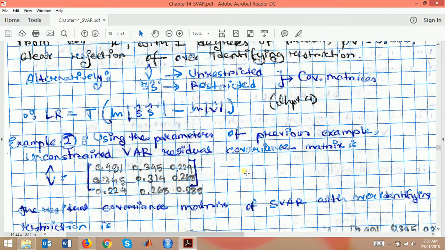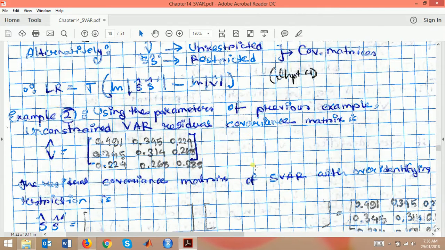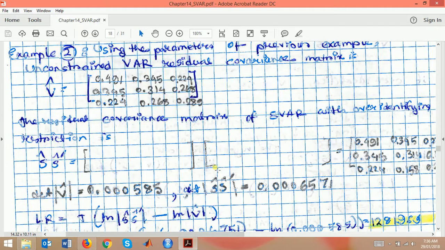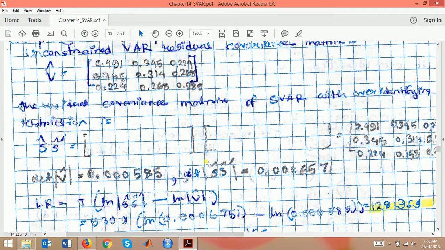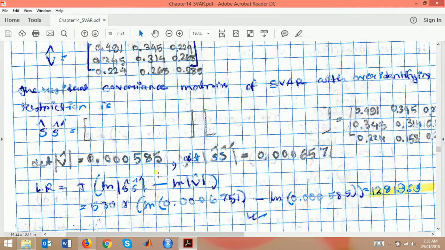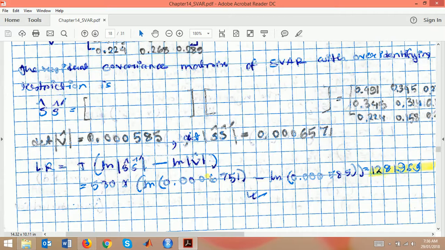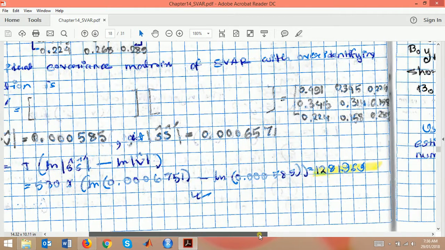The residual covariance matrix of SVAR with over identifying restriction is SS transpose. We find the determinant of omega and the determinant of SS transpose, and we take a log likelihood ratio test with the log of SS transpose minus log of omega, and we see the difference.